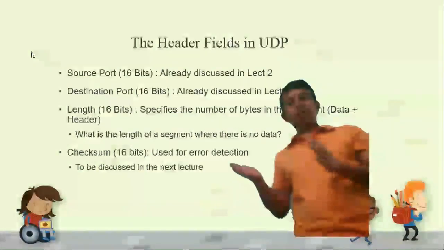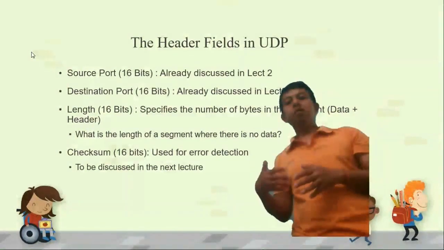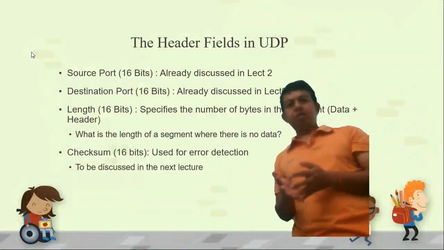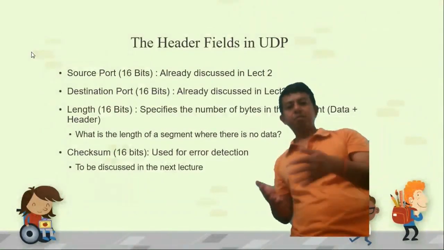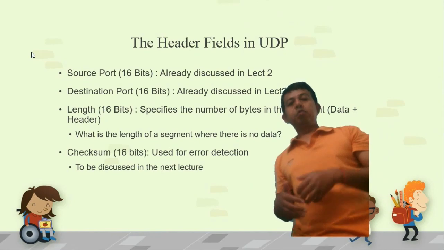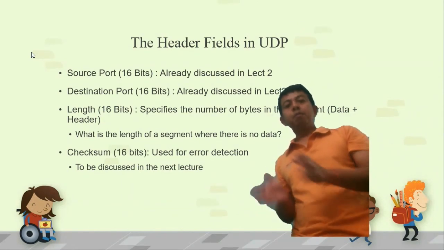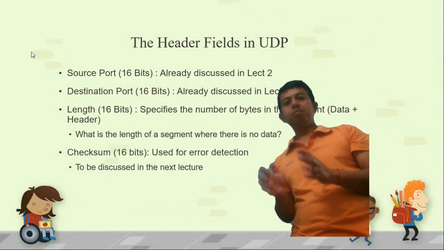So what happens if the data comes from the application layer which is not a multiple of 2 bytes? Let's say I have 33 bits of data coming from the application layer. That does not make a multiple of 2 bytes. So when I have data which is not a multiple of 2 bytes, then I have to pad extra zeros to make it a size of multiples of 2 bytes.